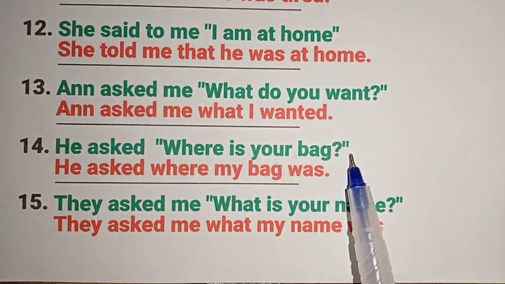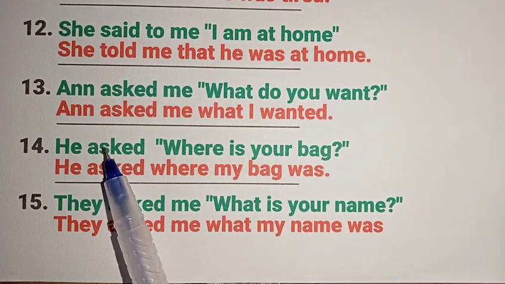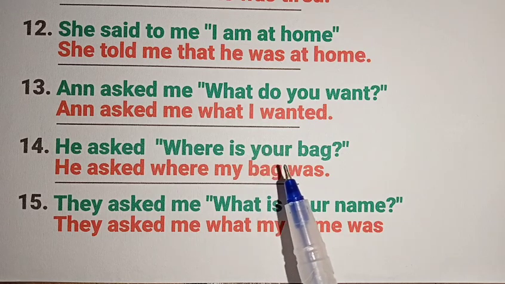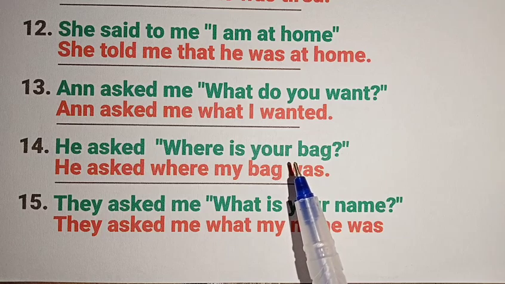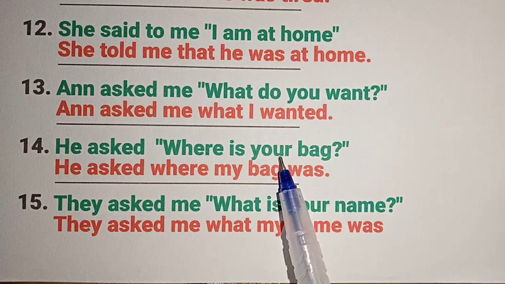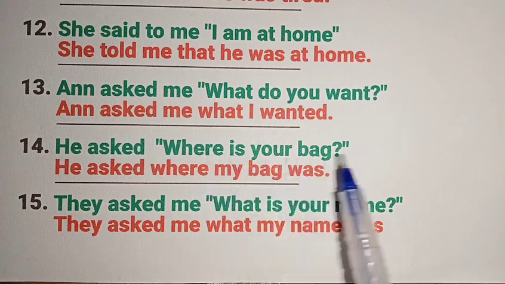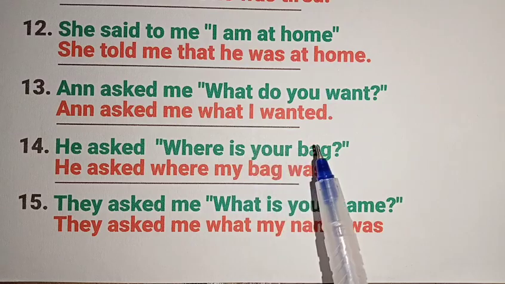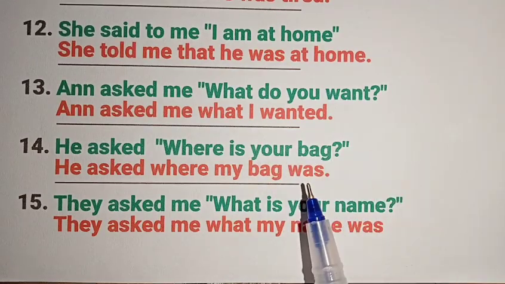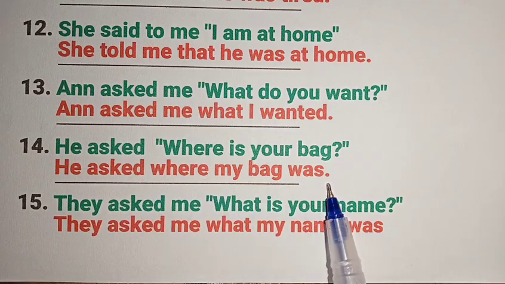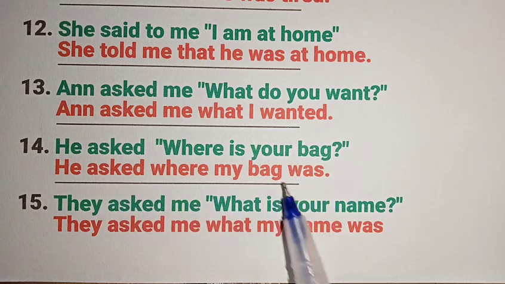But he asked about my bag, because I am the listener. He asked me this question. Then this is my bag. Where my bag is. The be verb also changes into was. He asked where my bag was.